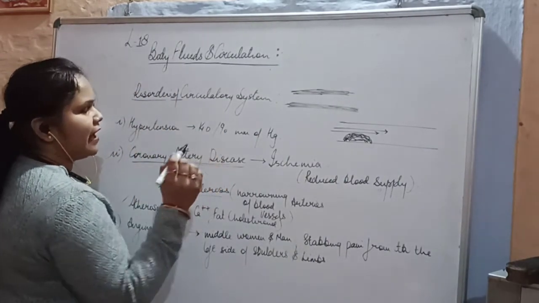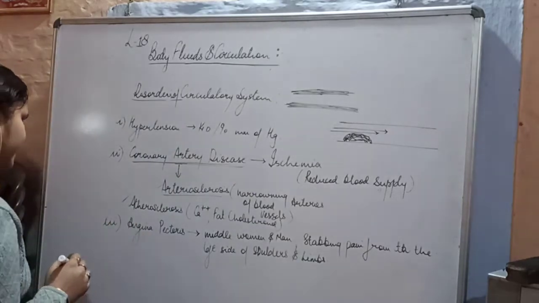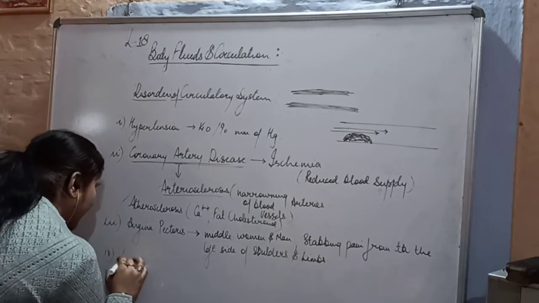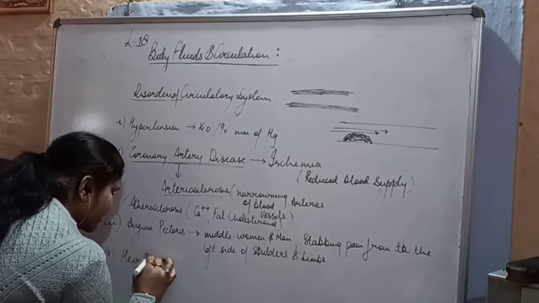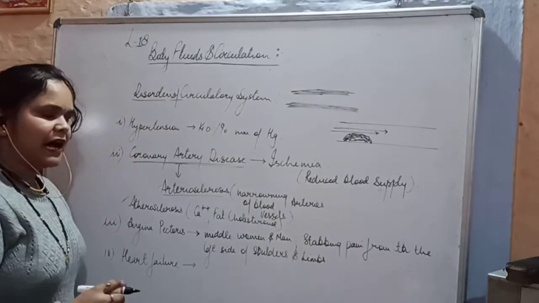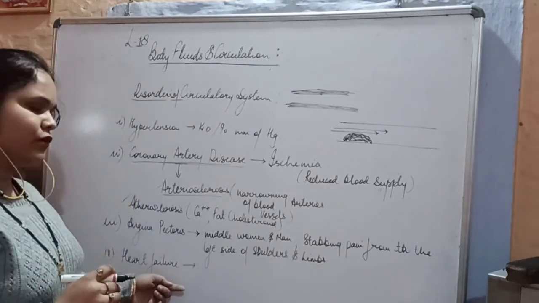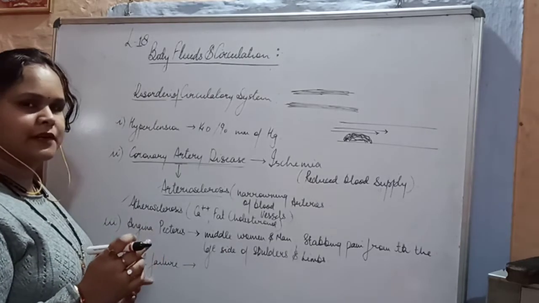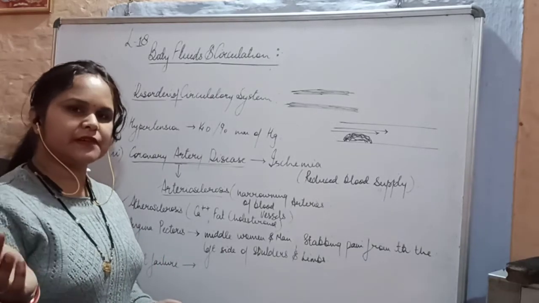which may lead in future to coronary artery disease. Then the next condition which we have to discuss is heart failure. Now what is heart failure? Do not confuse heart failure with heart attack. They are different things.